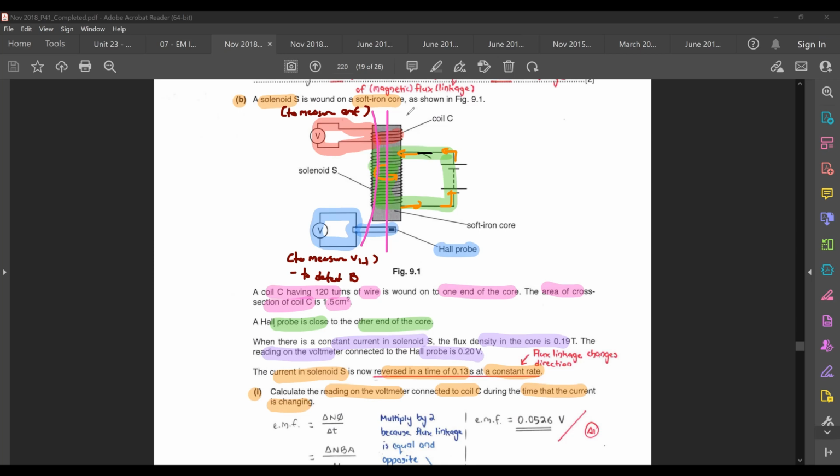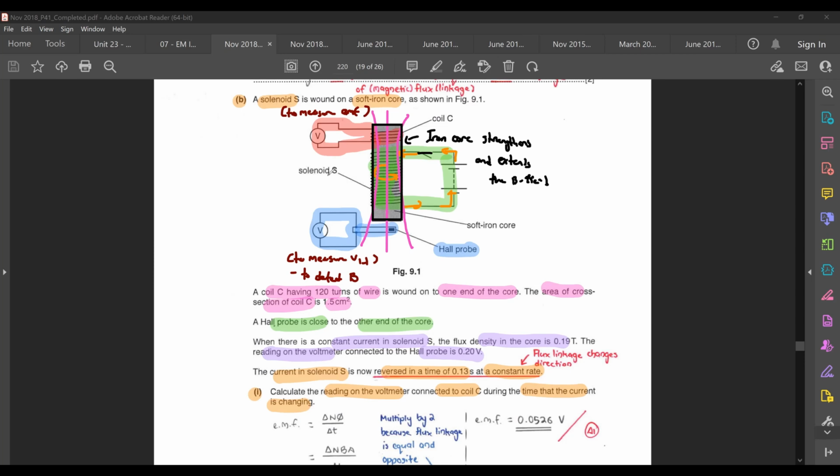And it extends all the way to coil C as well as to the Hall probe. The reason for that is because you have an iron core here. The iron core can be thought of as strengthening and extending the field. It extends the B field so that you have this situation that is shown here.